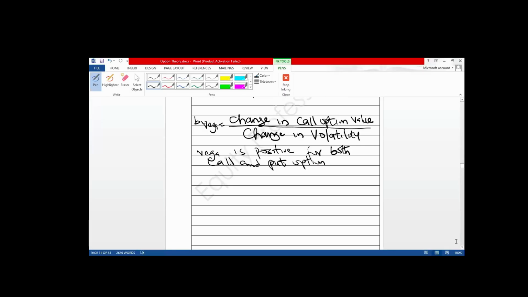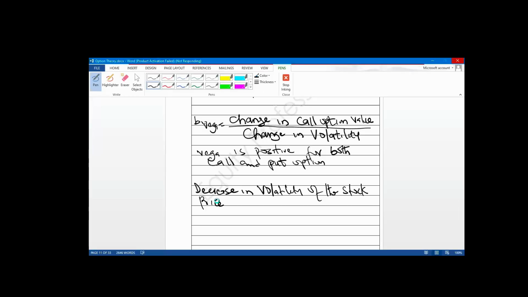Now to the question. If there is a decrease in volatility of the stock price, what will happen to the value of your call option? For the call to be positive, the two variables must move in the same direction.